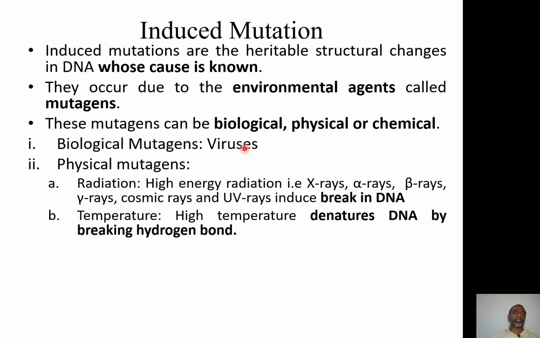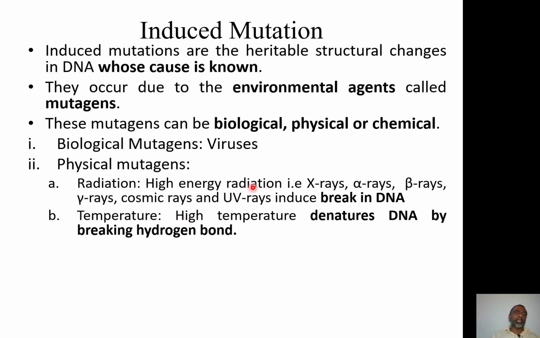Physical mutagens means radiations like X rays, alpha rays, beta rays, gamma rays, cosmic rays, UV rays, because all these rays can break the DNA. So, they will induce the mutation, and temperature also denatures the DNA. It breaks the hydrogen bonding, so again it can damage the DNA.